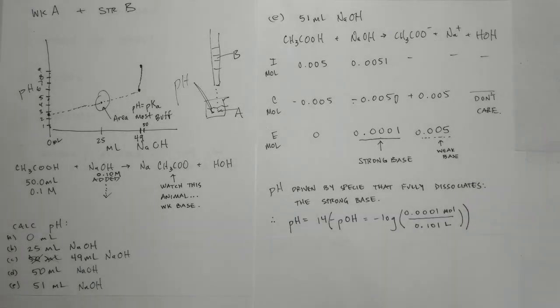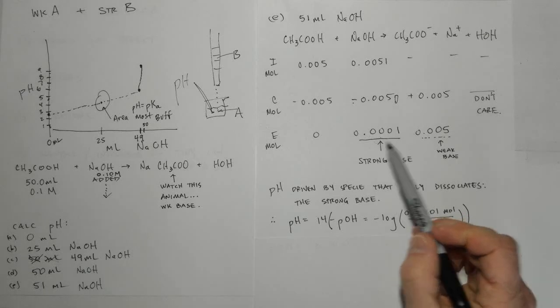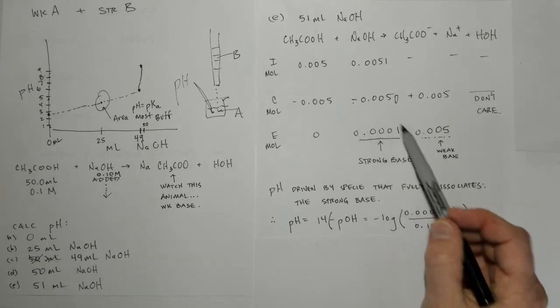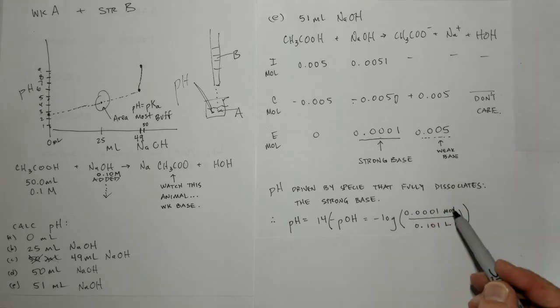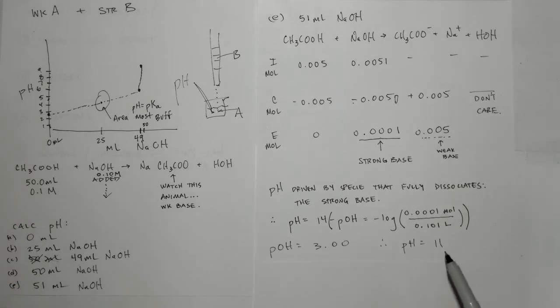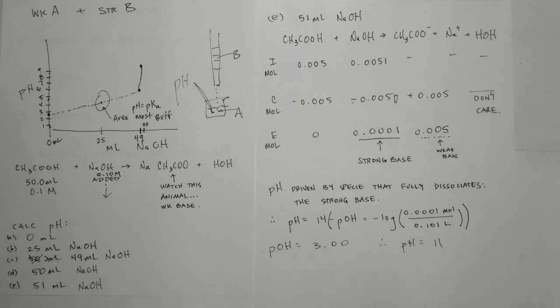And so the pH right here is equal to 14 minus the pOH. And so my pOH right here is the negative log of this concentration. Remember, this is in moles, so I have to take my moles and divide it by the liters. And so my pOH ends up equaling 3, and then I take 14 minus 3, which gives me a pH of 11 at the end.